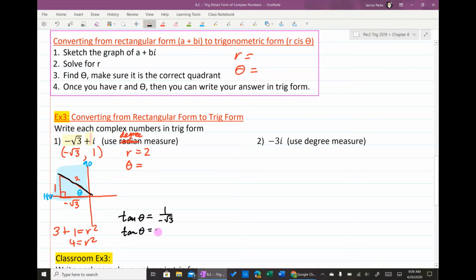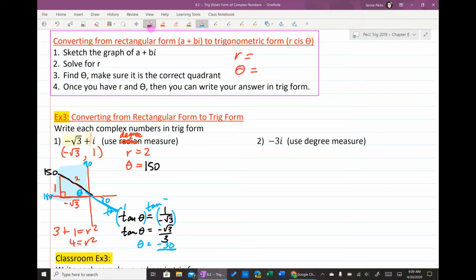So you would get tangent theta equals negative radical 3 over 3. If you remember the fraction, this will be 30, which makes this 150. So theta is 150. If you put this in your calculator and do inverse tangent, you're going to get theta is equal to negative 30, and negative 30 is in quadrant 4. We obviously know that our angle is not in quadrant 4, but 30 will give you the reference angle. So that means the angle is 150, or you can just add 180 to that.